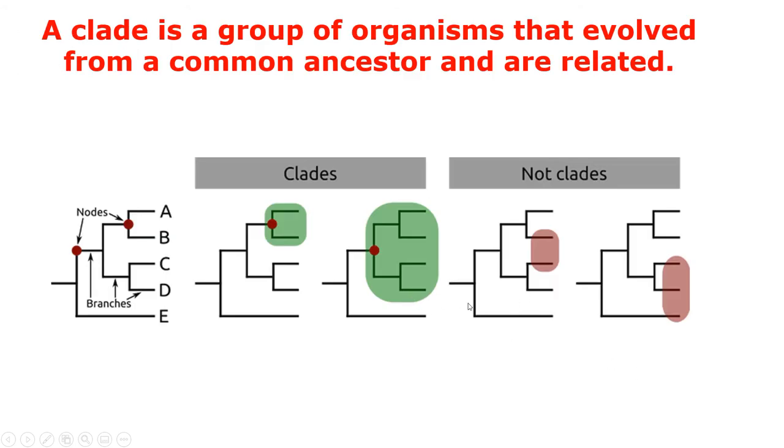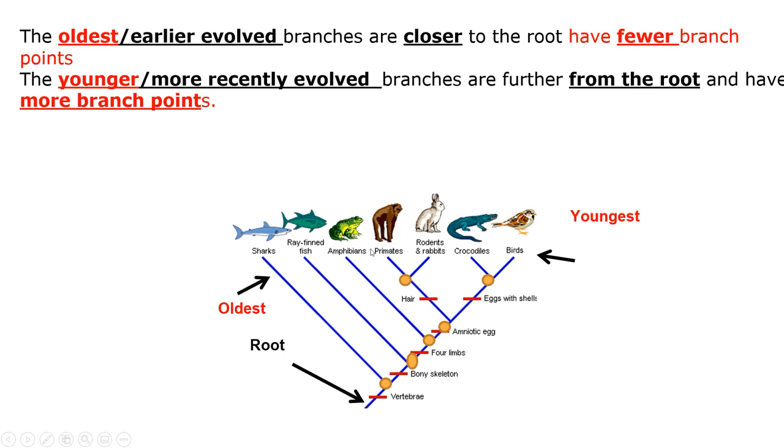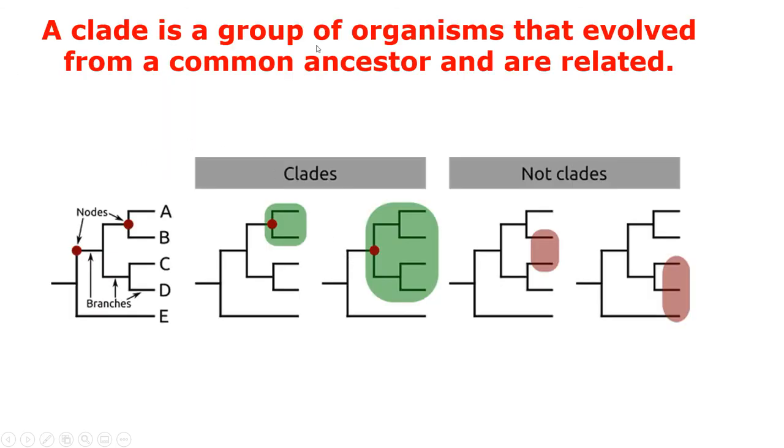So we refer to these groups of animals as clades. So a clade is any group of organisms that share a common ancestor. So to share a common ancestor, you have to be connected to the same node. And so when they are like this, we call this a clade. So this is a clade because they share that common ancestor. This is a clade. It's just the same picture that's highlighted larger, but they also all share a common ancestor.